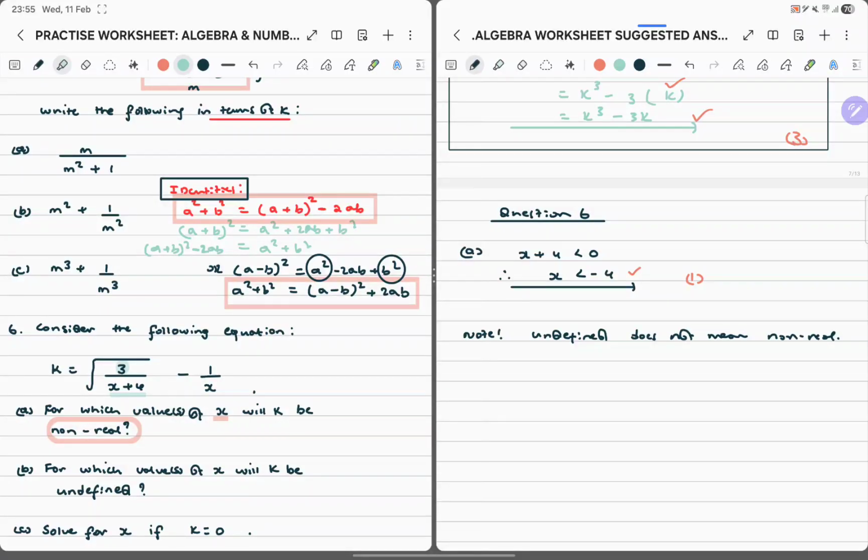Please don't confuse the 2. And non-real doesn't mean undefined. If we want to expand further on undefined, it means undefined means real. It's real. But we can't put a finger on one solution. This just means real, multiple solutions.